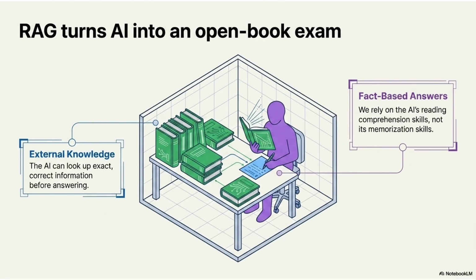That is called external knowledge. That means we are providing AI some source material that it should refer to whenever answering the question. Now, in this case, we are not testing AI's memory power, but we are testing AI's reading comprehension. And reading comprehension is much more trustable than memorization.